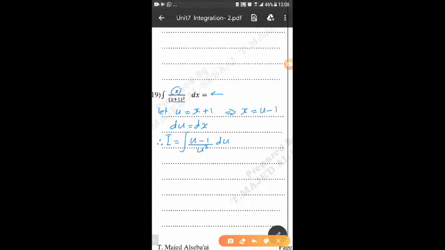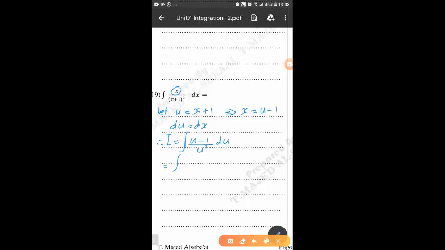But here, see the denominator, it is only one thing, one term. That's why it is much, much easier. Why? Because I'm able now to separate it. What do we mean by separation?